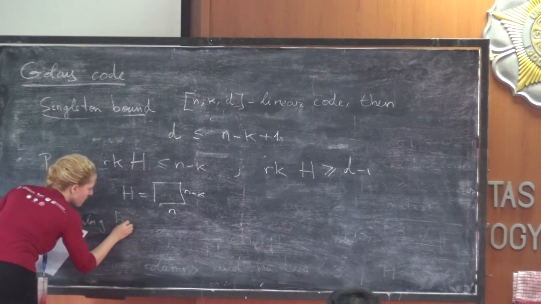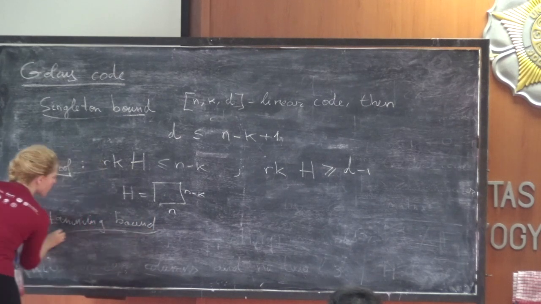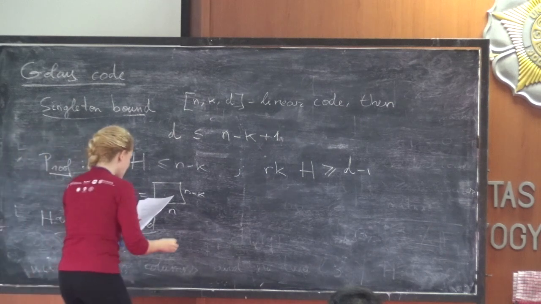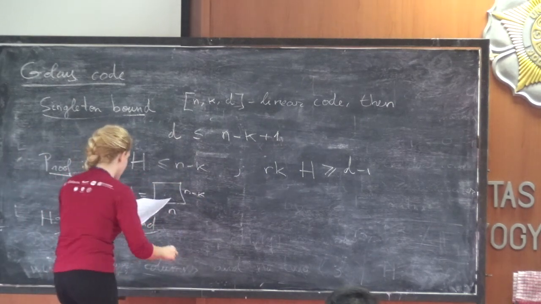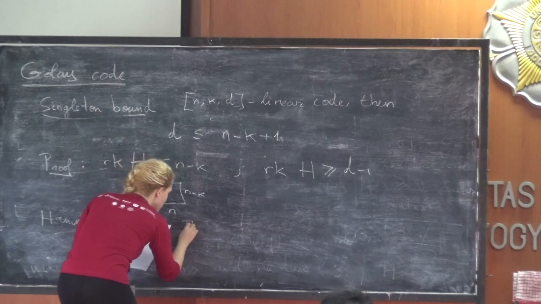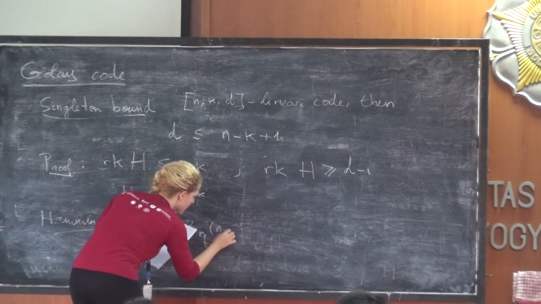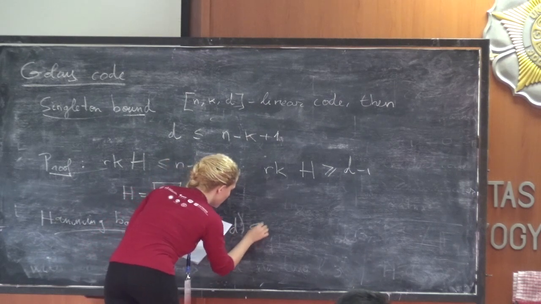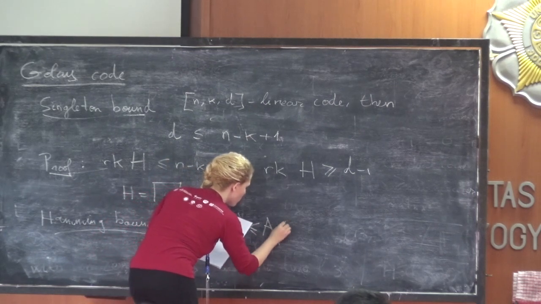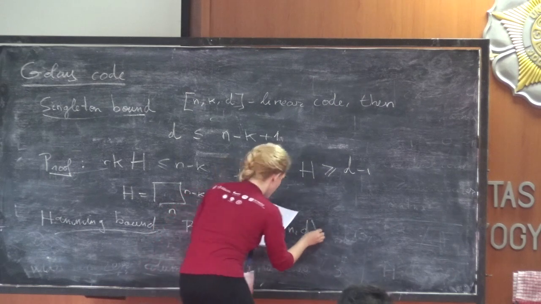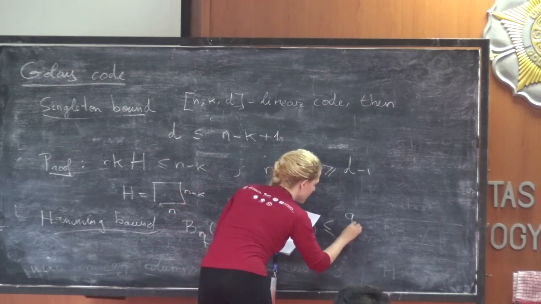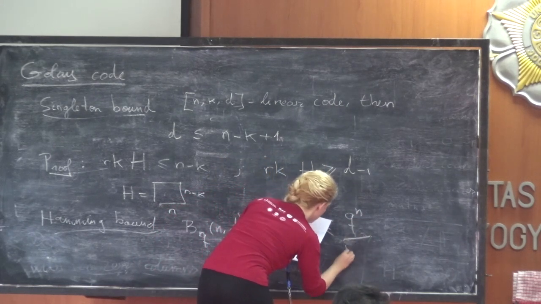The Hamming bound, I'm going to write it and then I explain what everything means. It tells you that P, Q, and T is smaller or equal than A, Q, and equal than D. So, a lot of notation.